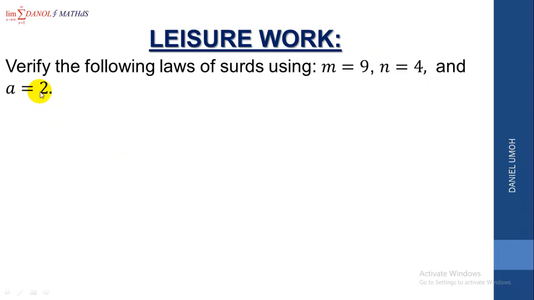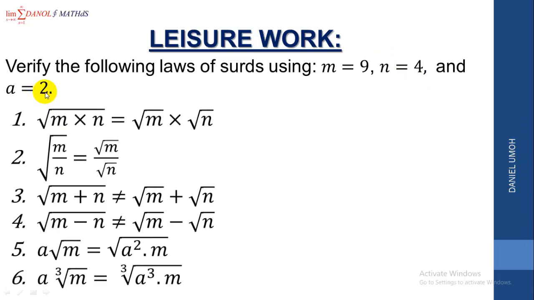Now, these are the rules. All I want you to do is simply replace any place you see m with 9 and any place you see n with 4, so that when you solve the left hand side and the right hand side, you are going to discover that the rules here are true. Please do that and get back to us.